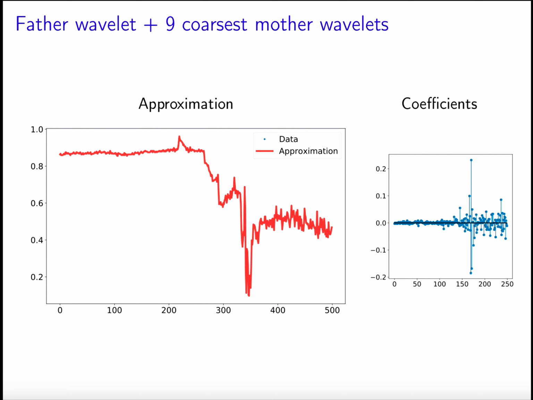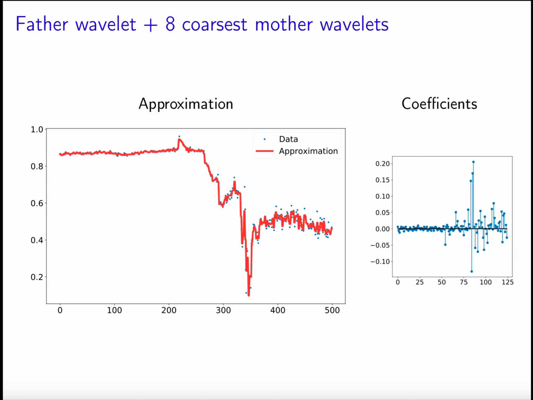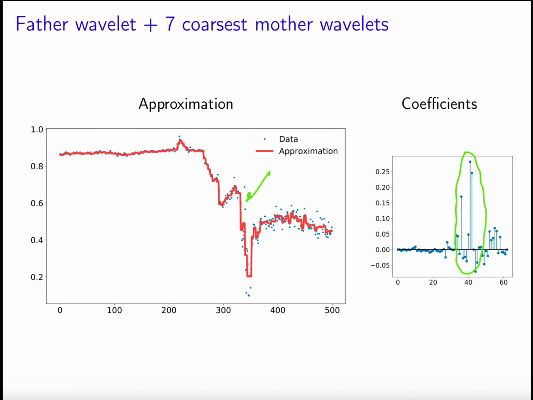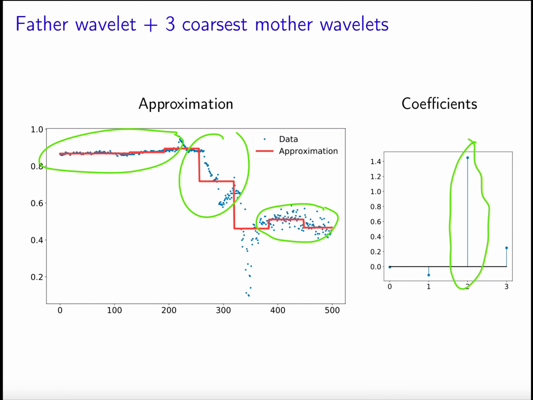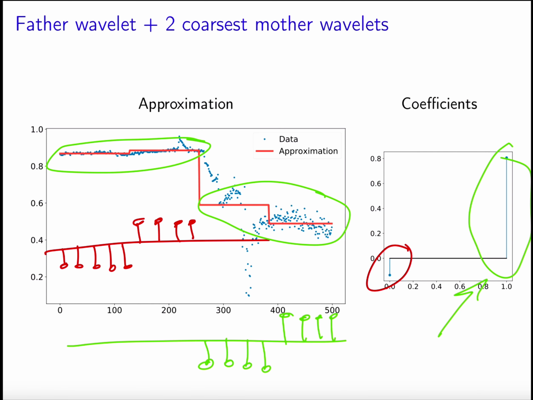Now if we go back and look at these coefficients, they essentially tell us what is going on in the signal at different scales. In particular, we realize that on the left part of the signal, not much is going on. Once we have this guy, we are essentially done.